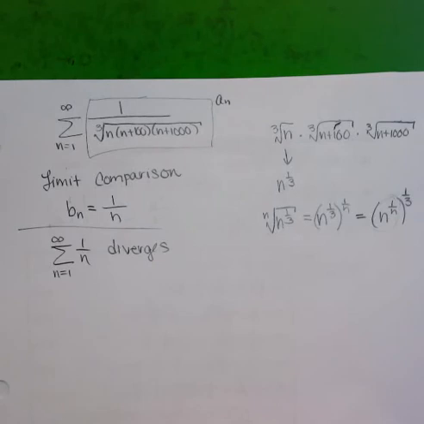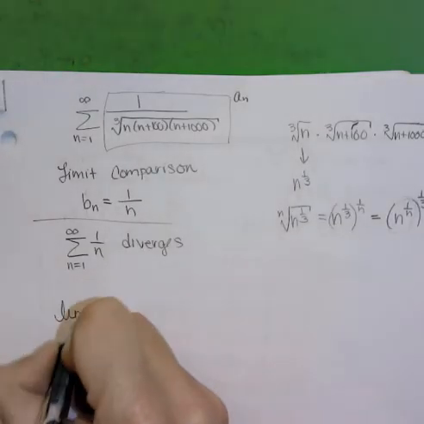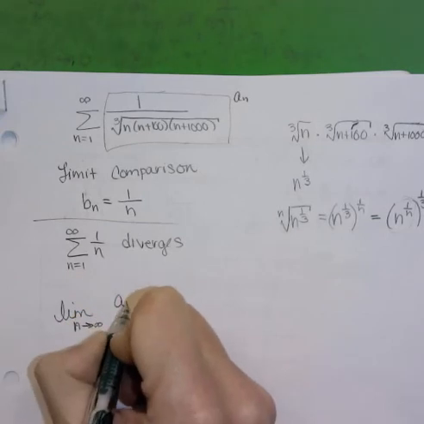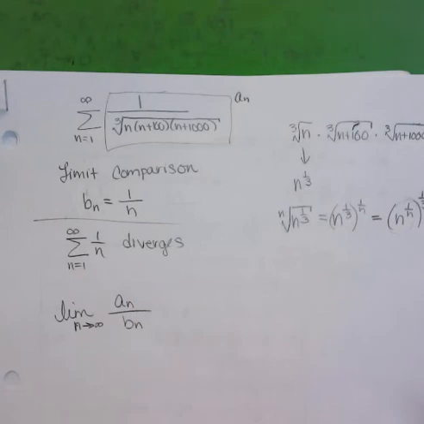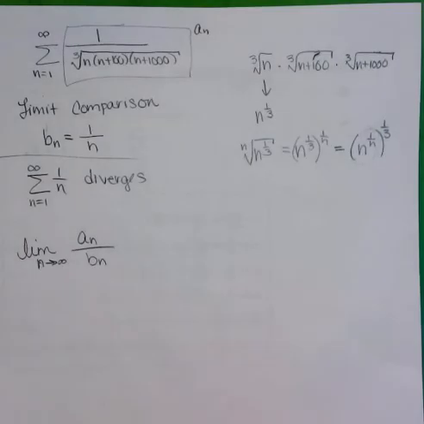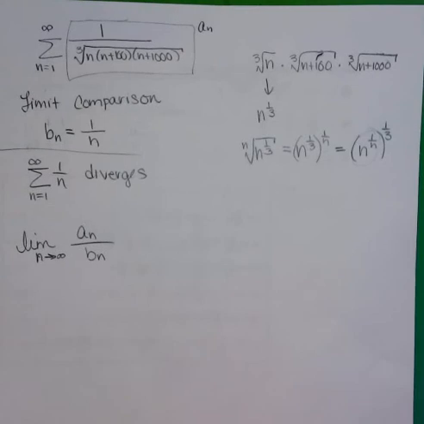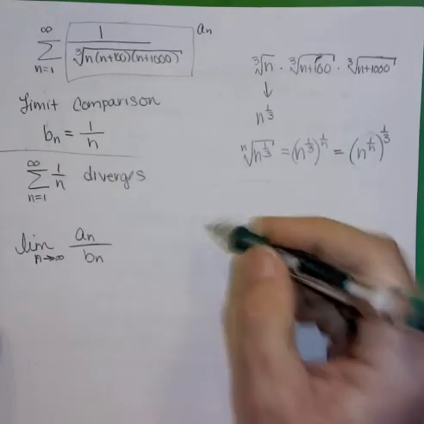So that's where we do the limit comparison. The limit comparison is we just do the ratio of the two. And it really doesn't matter which one you put in the numerator and which one you put in the denominator. What matters is the answer you get.